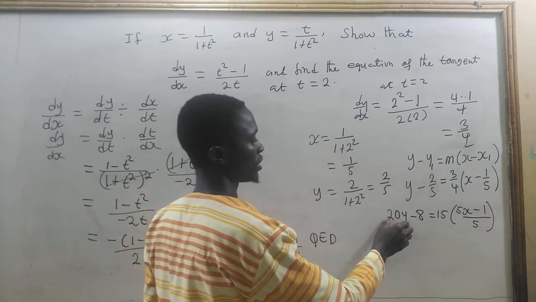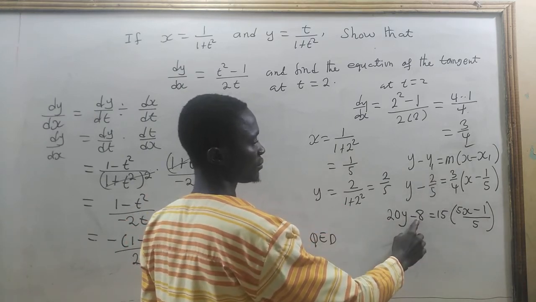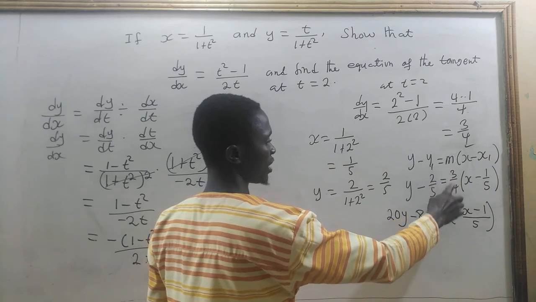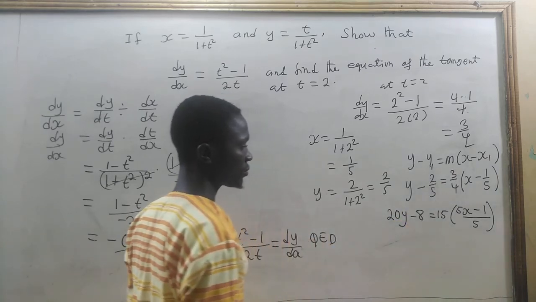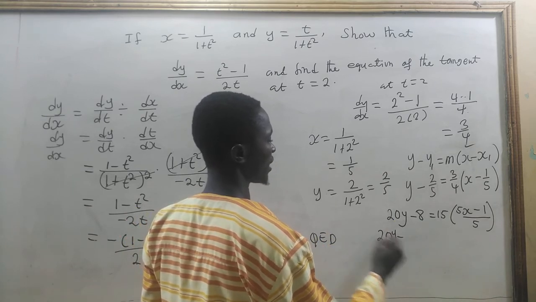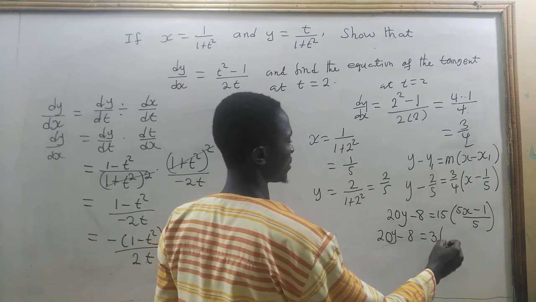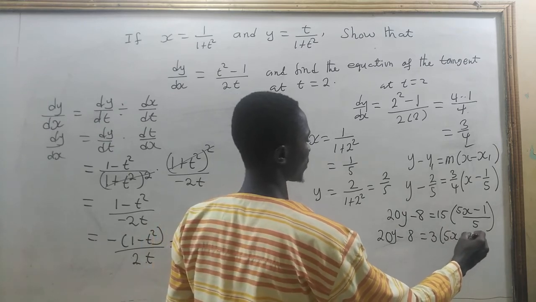Multiply 2 on 5 by 20, you get 4 times 2, that is 8. Multiply 3 on 4 by 20, you get 3 times 5, that is 15. We are going to have 20y minus 8 equal to 3 into bracket 5x minus 1.